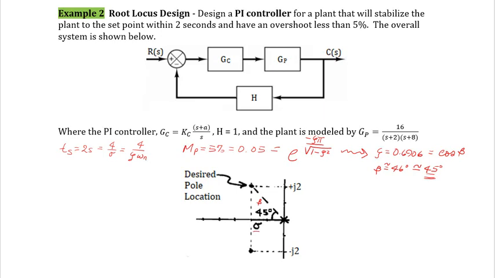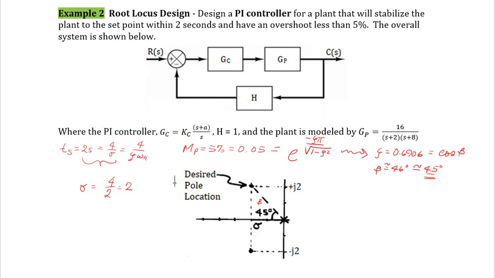And sigma we can get from right here. So sigma is going to be equal to 4 over 2, or just plain 2. So that distance from here to here is equal to 2.